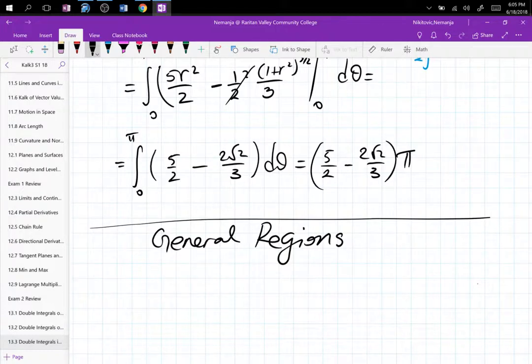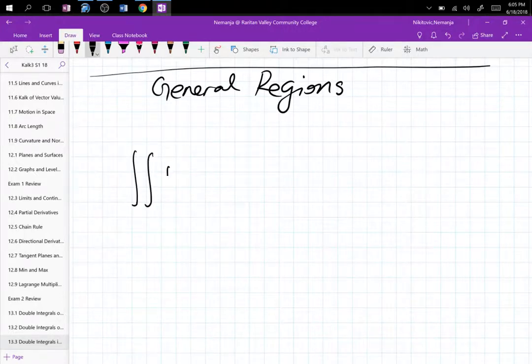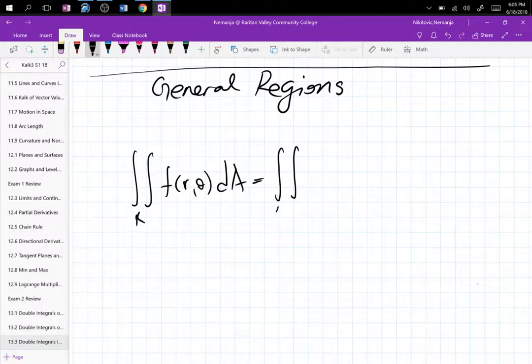So now we're going to talk about the general regions. And the integral for a general region would be, let me just write this. Okay, so the double integral of alpha and beta on the outside.